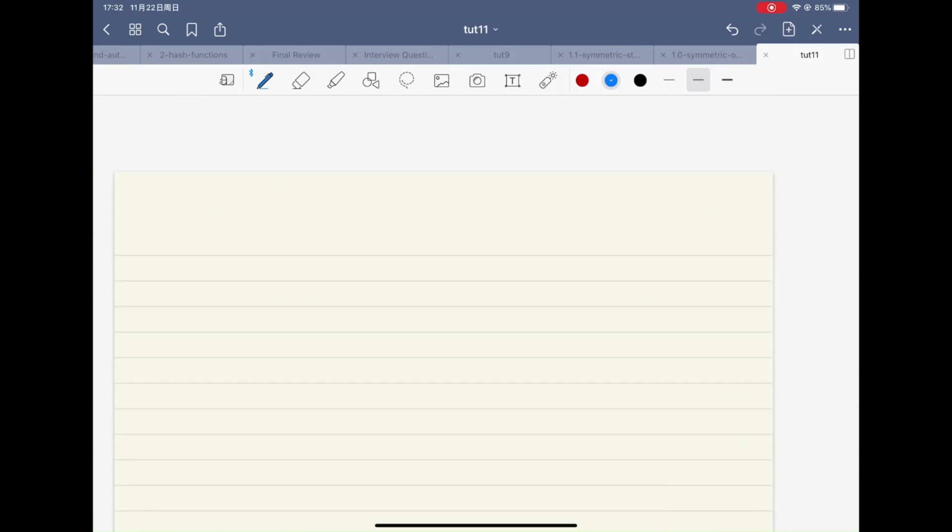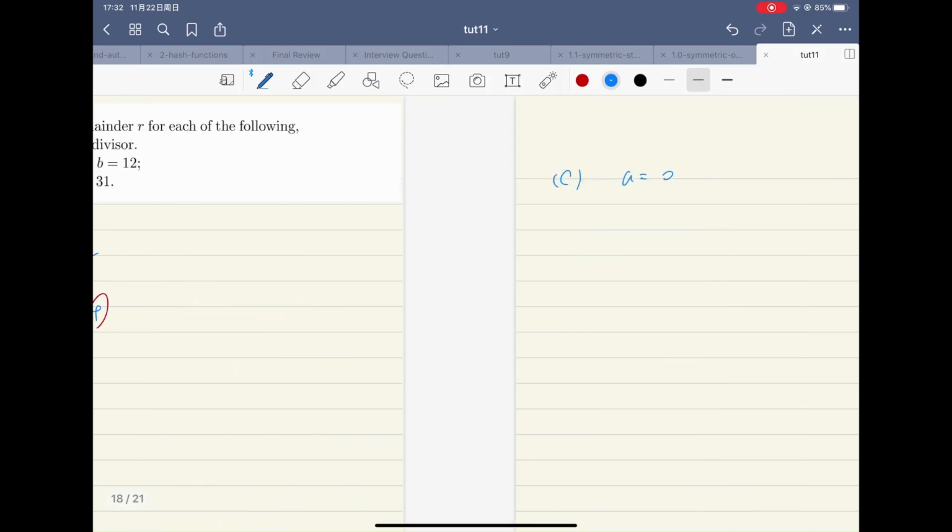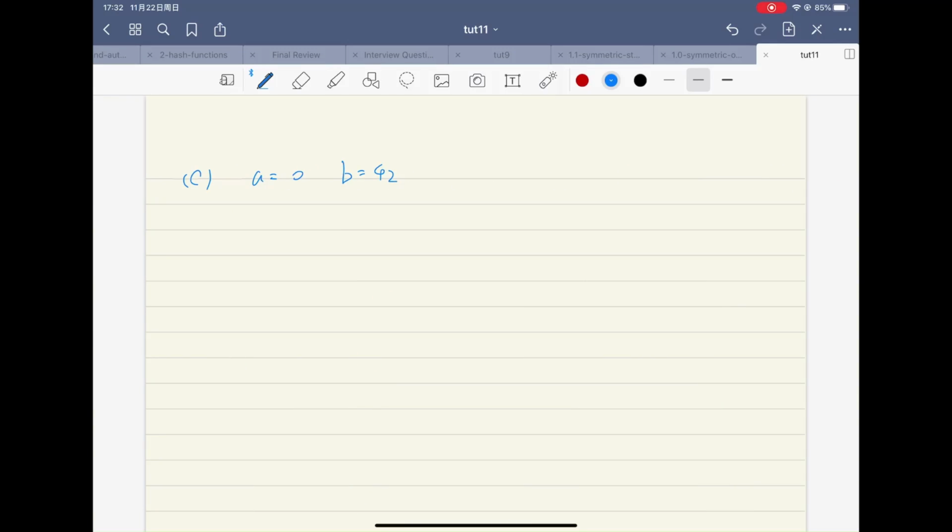And for the third, question C, we have A equal to 0 and B equal to 42. And so we know that 0 is divisible by every integer. So 0 equals 42 times the quotient Q plus the remainder.